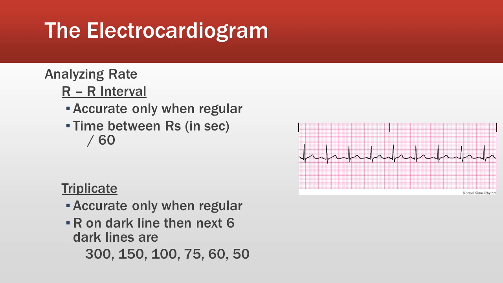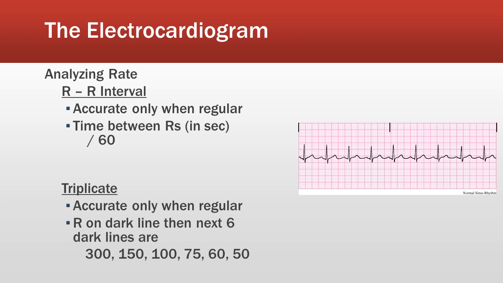The triplicate method: you have to find an R that falls on a solid dark line, and then each subsequent dark line goes down from 300 to 150 to 100 to 75 to 60 to 50. If you notice on the rhythm strip on this slide, there's one R wave right on a dark line.